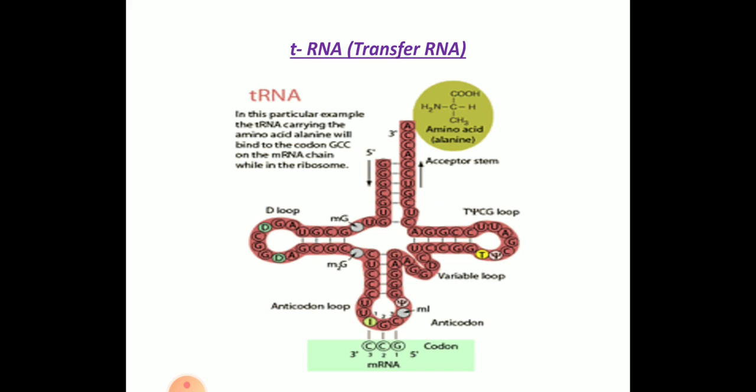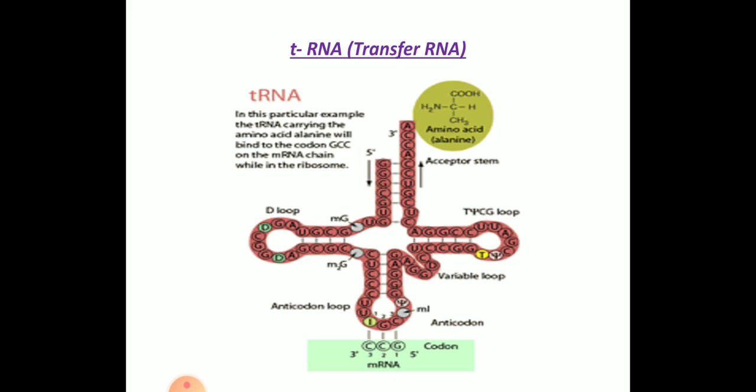So next, coming to tRNA. It is a very important structure and can be asked for 7 marks. All these structures are important: mRNA, rRNA and tRNA. When you see the structure of tRNA, you can find there are different arms and it looks like a clover leaf, so it is also called the clover leaf model.